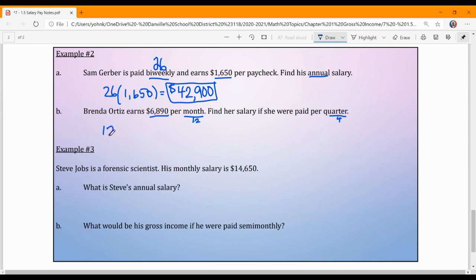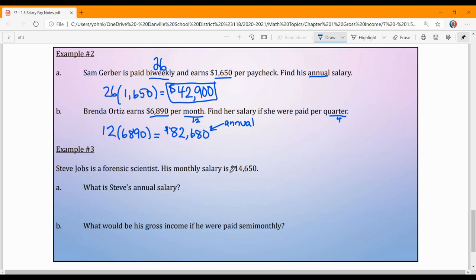So if I have 12 paychecks and each paycheck is 6,890, if I multiply that, that means she gets $82,680 for the year. So that's annual.